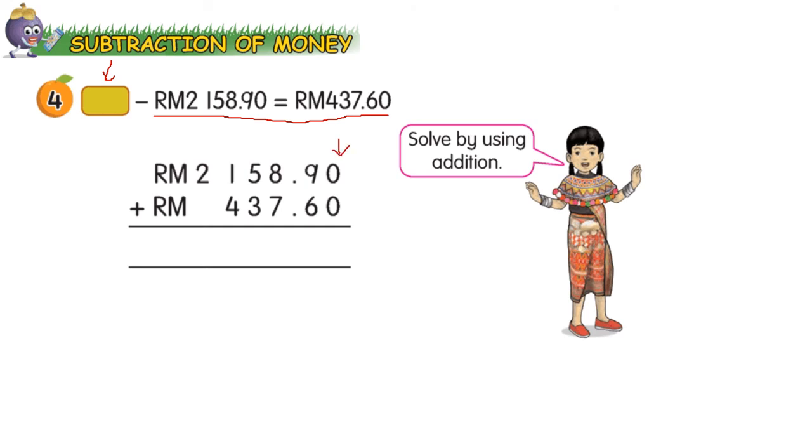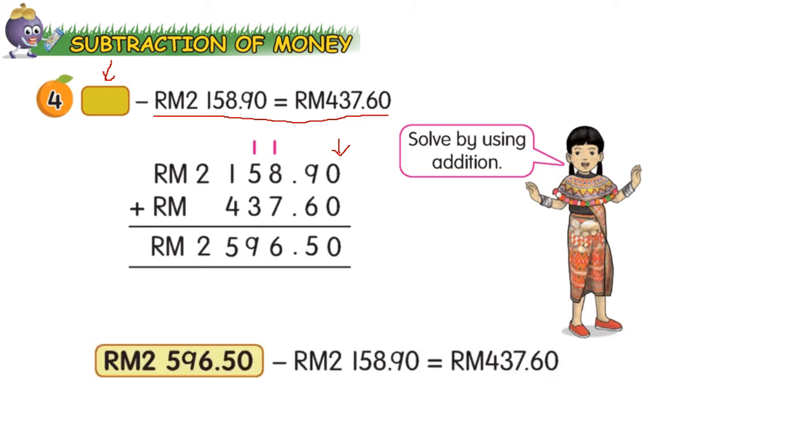So 0 plus 0, 0. 9 plus 6, 15, carry up 1. Don't forget the decimal. So 1 plus 8 plus 7 is 16, carry up again 1. 1 plus 5 plus 3, 9. 1 plus 4, 5. 2 plus nothing, 2. And then RM. So the answer for this unknown is 2,596 ringgit and 50 cent.